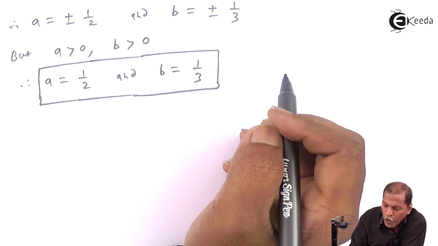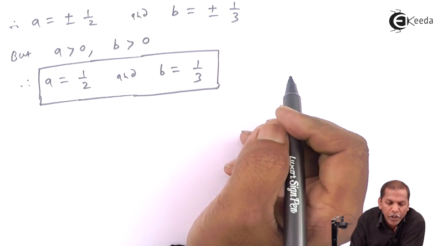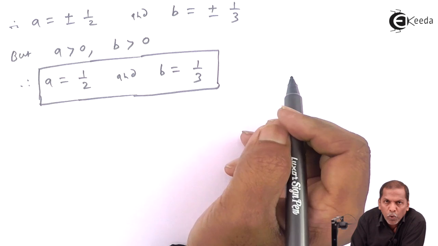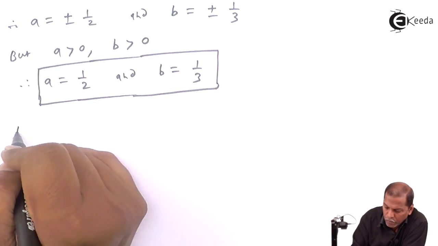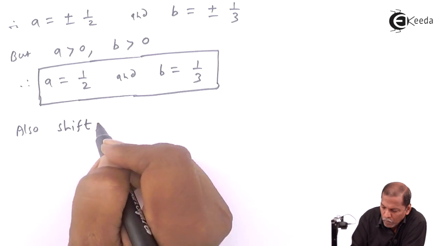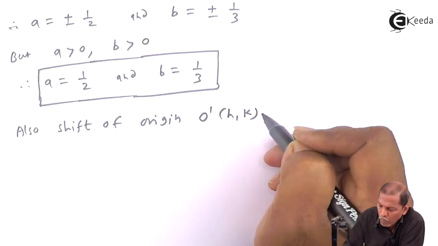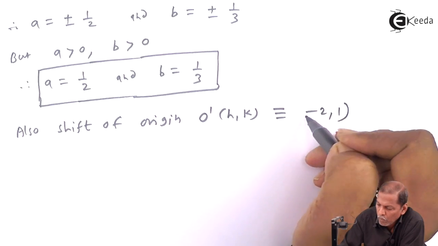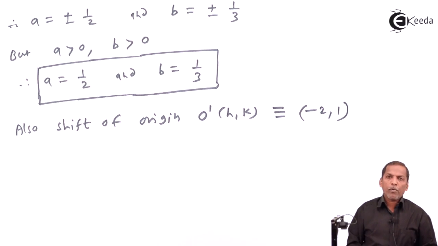Also the shift of origin O dash (h, k) is equivalent to (minus 2, plus 1). So this is the required solution for the given problem. Thank you.